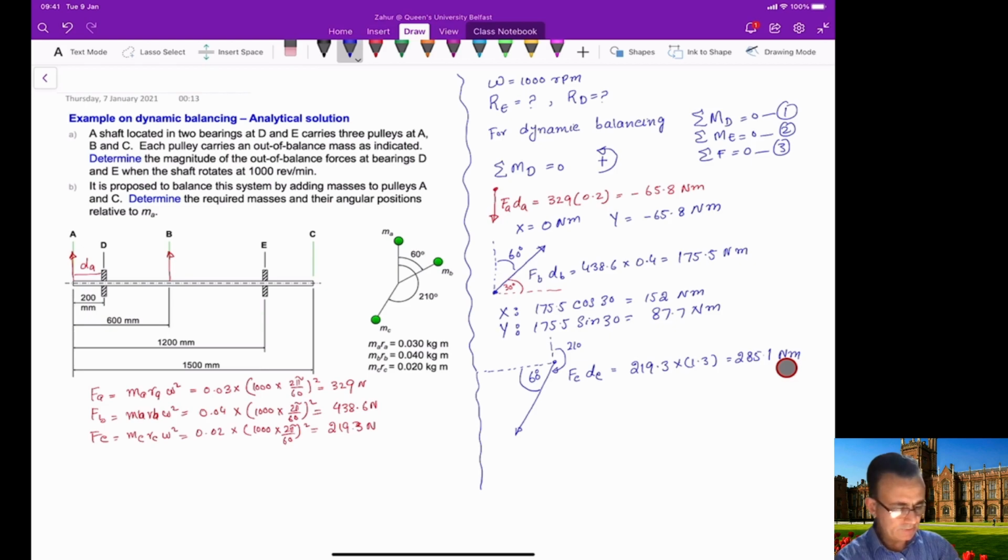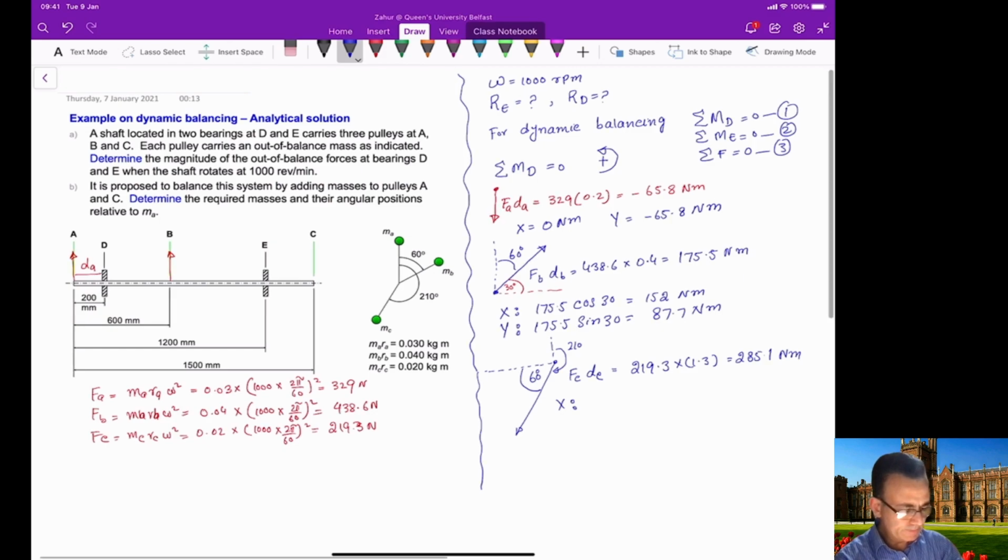So now, similar to the previous two cases, you can split this into x and y component. So the x component of this will be equal to 285.1 into cos of 60 degree.